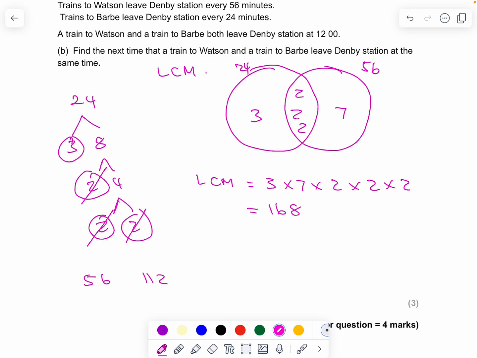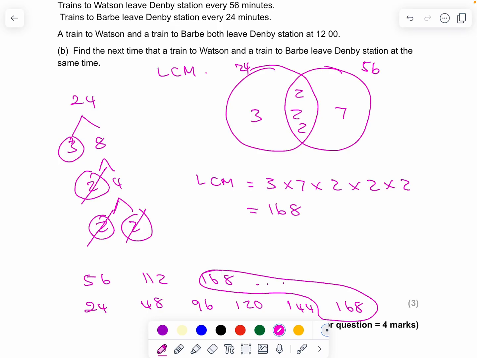And then I could do the 24 times table: 24, 48, 72, 96, 120, 144, 168. And then you can see there that 168 is the LCM.